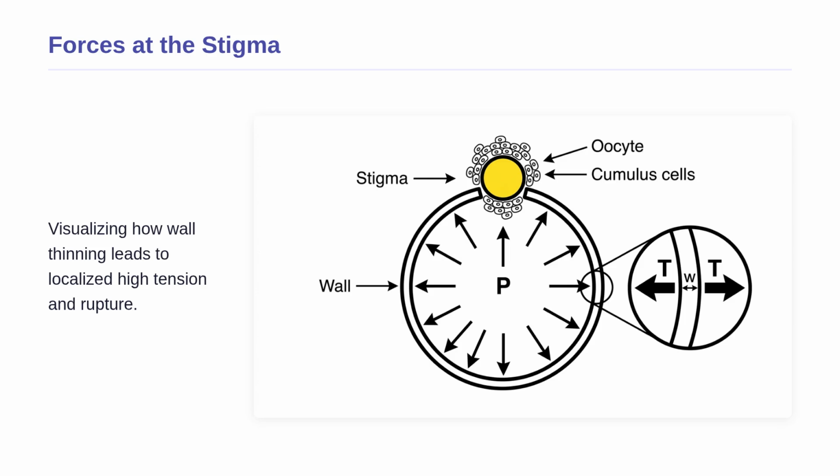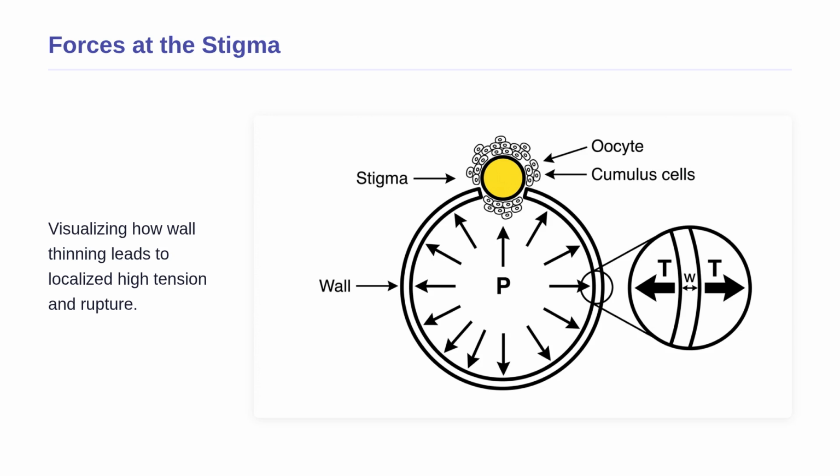Let us visualize the physics we just calculated. In this diagram, you see the large spherical follicle. The outward arrows, labeled P, represent the constant internal fluid pressure. Now, look at the magnified inset on the right. It shows the wall thickness, W, and the stretching tension, T, pulling the tissue apart.